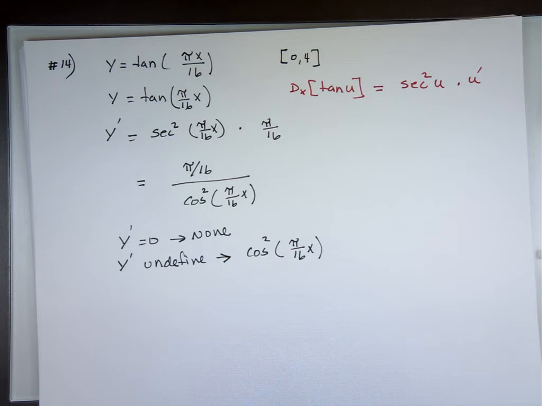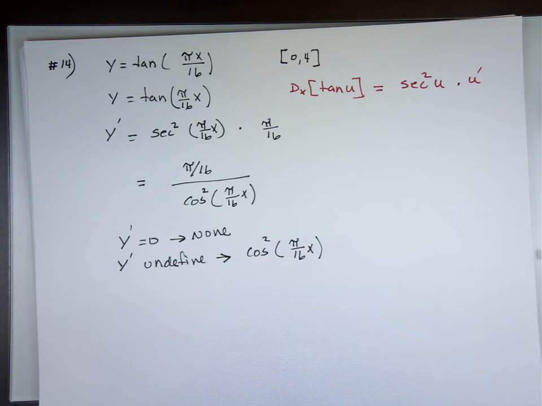Now, my unit circle says that cosine is 0 where? At 90 degrees. That's one of them, right? We're talking about 0 to 4. Remember, 4 is just a hair over pi.